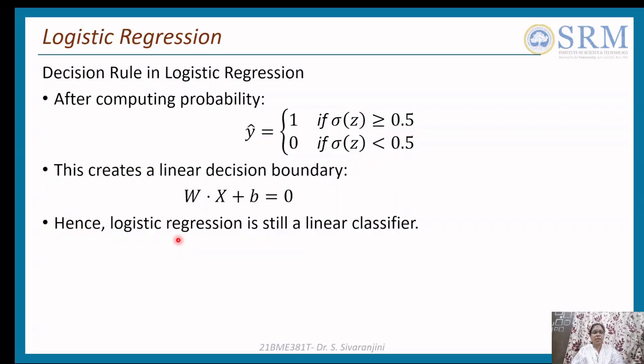This Z is then passed through a sigmoid activation function, which gives an output. Say the value of the sigmoid activation function is 0.9. The interpretation we can give is that there is a 90% probability that the patient has a disease.